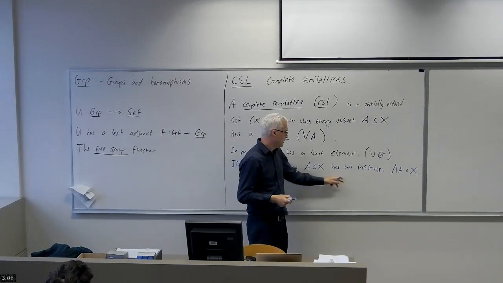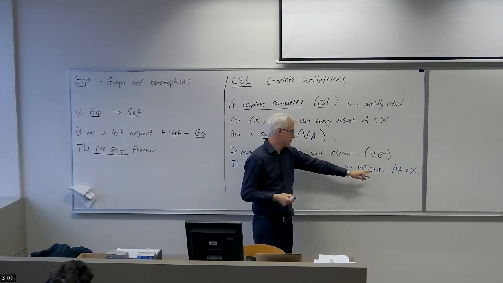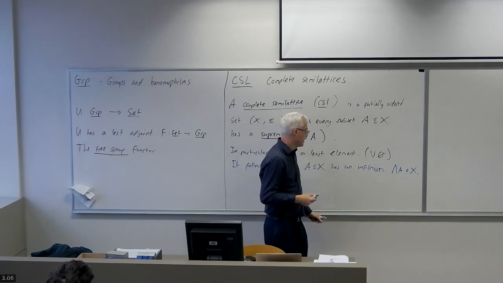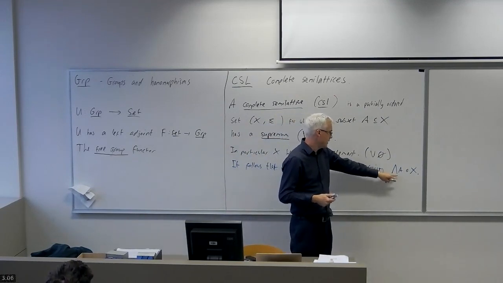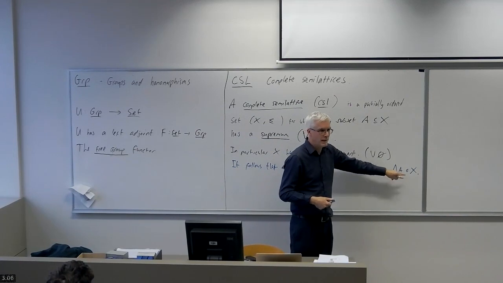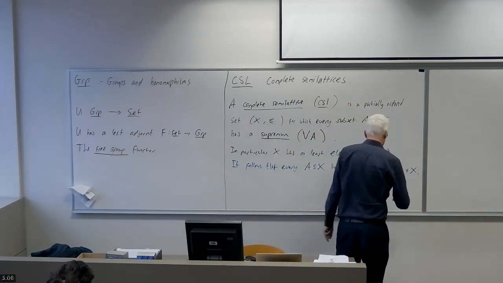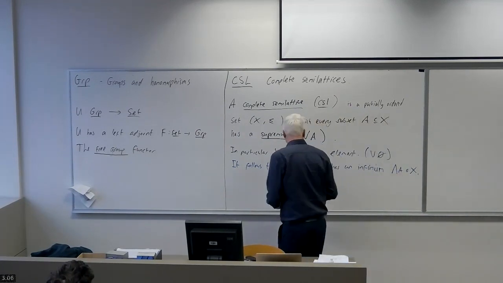And the proof of this is not difficult. It's a nice exercise for you to do if you've not seen this before. You simply define the infimum, so that's the greatest lower bound, as the supremum of all lower bounds. And then you prove that that is indeed a greatest lower bound.